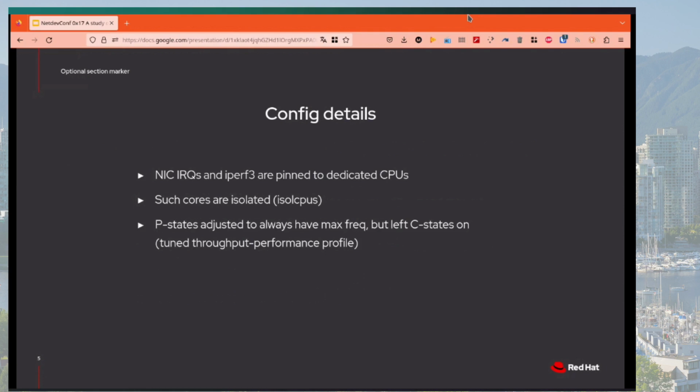These cores are also isolated so nothing steals CPU time from them. P-states were set to always run at maximum frequency, but I left the C-states on. This configuration was done through the TuneD performance profile. Without the C-states on, we don't have fluctuation in power consumption, but with them you have some problems with test stability.